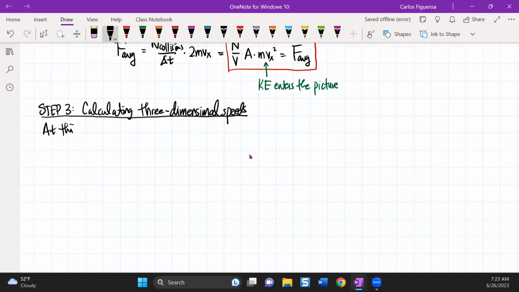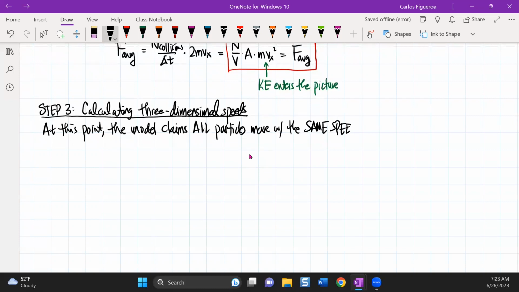At this point, the model claims all particles move with the same speed, Vx.